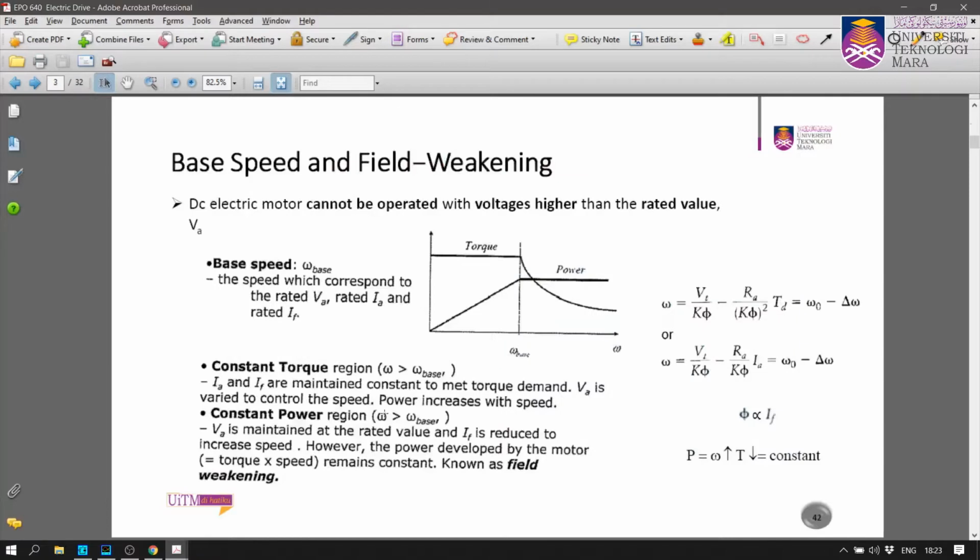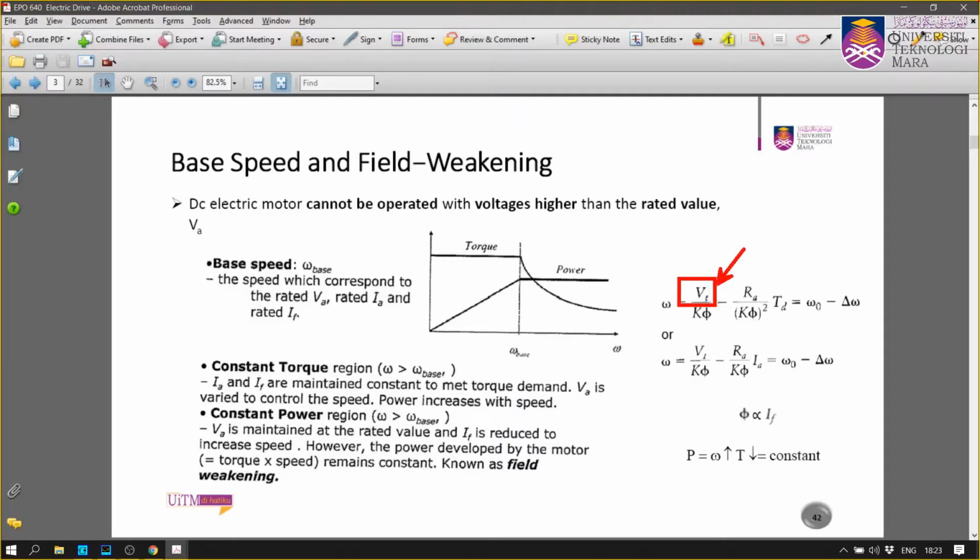Okay, next, before we proceed, I did mention the torque speed, the constant torque, as well as the constant power. We need to know that we can only increase the VT. Remember, we have VT here. We can only increase that up to the rated voltage.